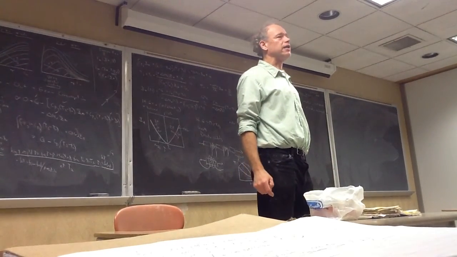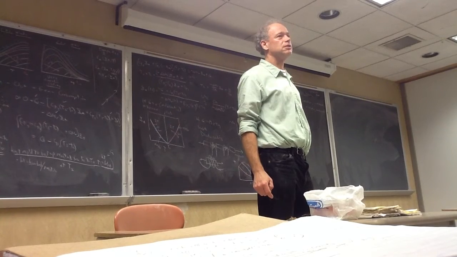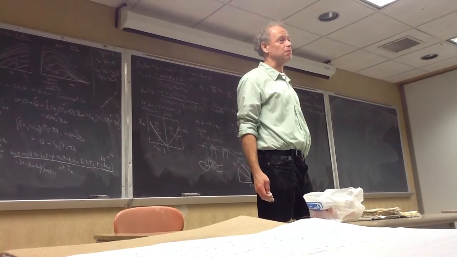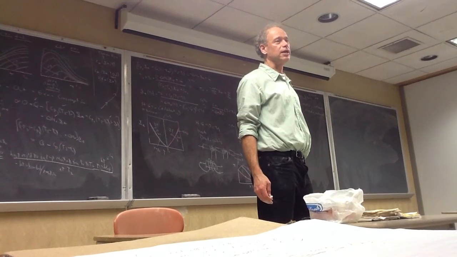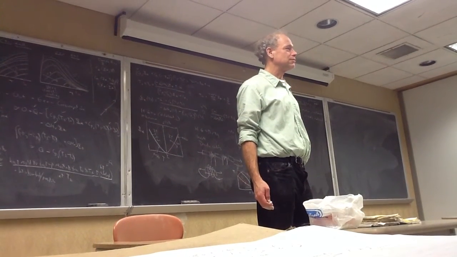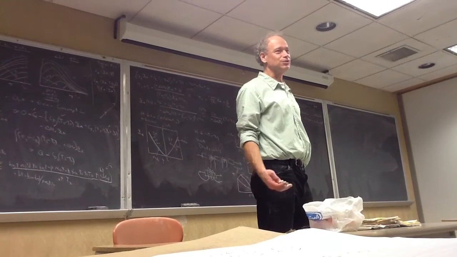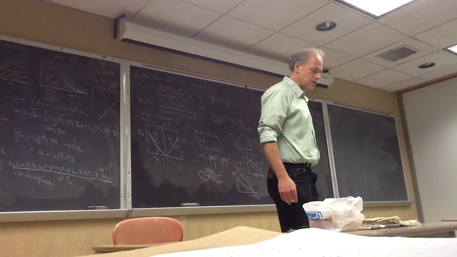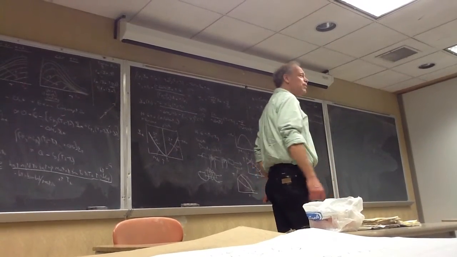And then it was forgotten, or no one noticed it, and essentially the same analysis got published again like 50 years later. So sometimes you can do good work and no one notices it because you're ahead of your time. Anyway, let's see what happens in this case.